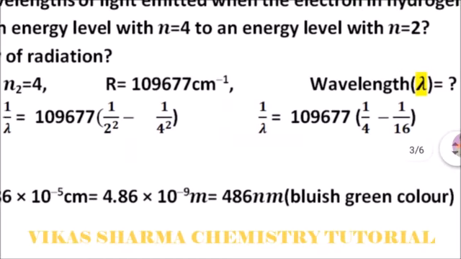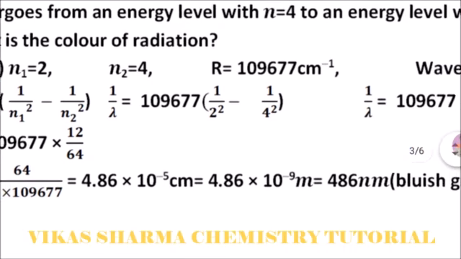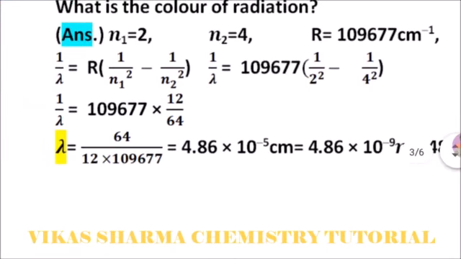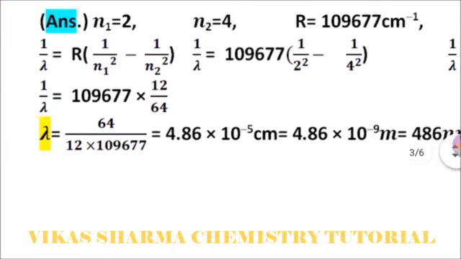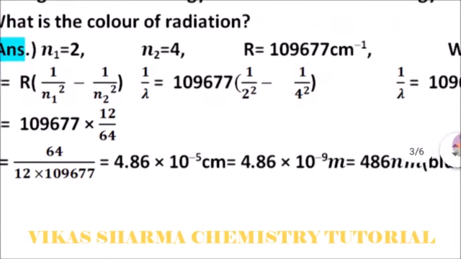First we calculate the wavelength, and the formula is 1 upon lambda equal to R times (1 over n1 square minus 1 over n2 square). We put in all the values. After solving, lambda is equal to 64 divided by 12 into 109677.